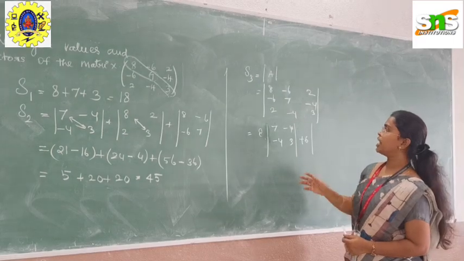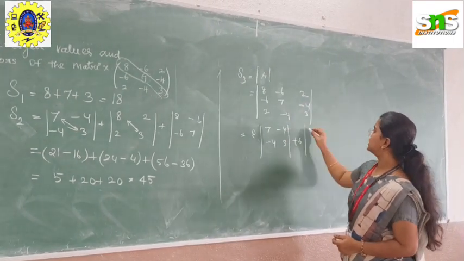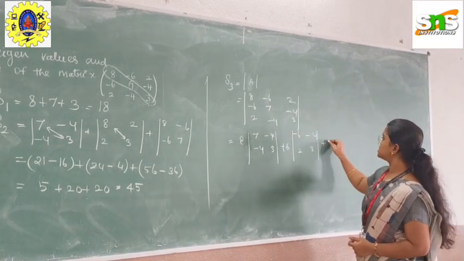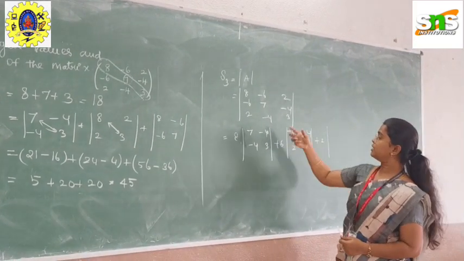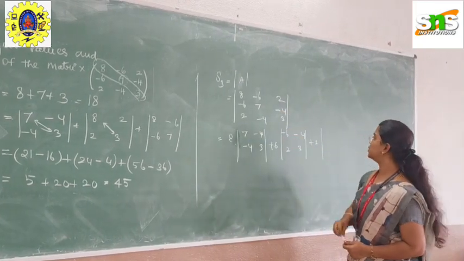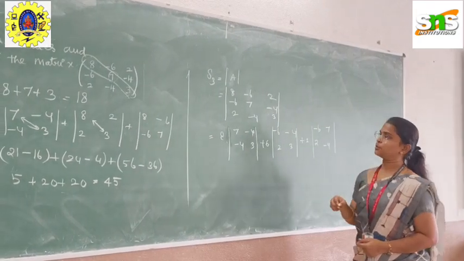Then the determinant of, hiding minus 6's row and column, you will get minus 6, minus 4, 2, 3. Then plus 2 into, taking this element and hiding 2's row and column, you will get minus 6, 7, 2, minus 4.